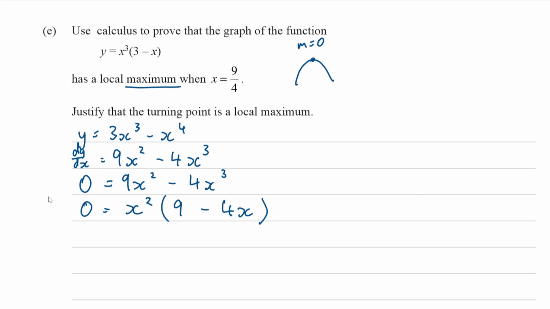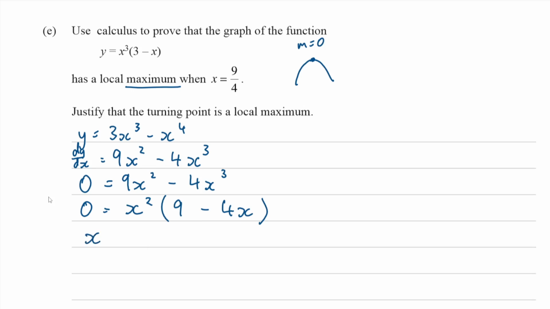So we factorized. And we did that so we can easily solve, right? For the right-hand side to equal 0, the product, with the times in between there, either x squared equals 0 or 9 minus 4x equals 0.